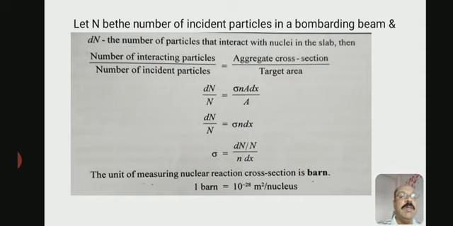So dn upon n is equal to sigma n dx. Therefore sigma is equal to dn upon n, whole divided by n dx. The unit of measuring nuclear reaction cross section is the barn. You know that already 1 barn is equal to 10 to the power of minus 28 meter square per nucleus.